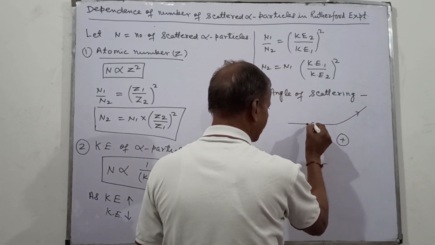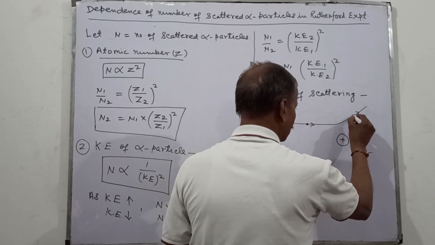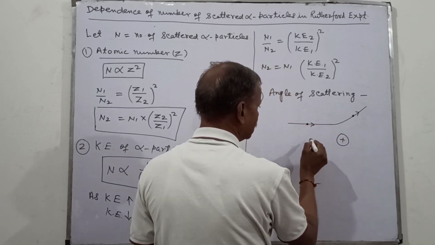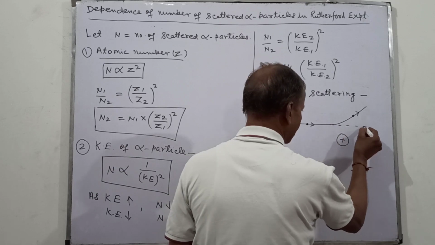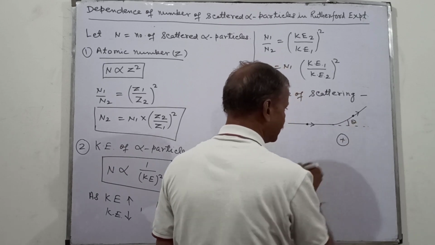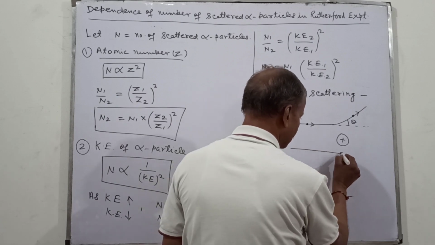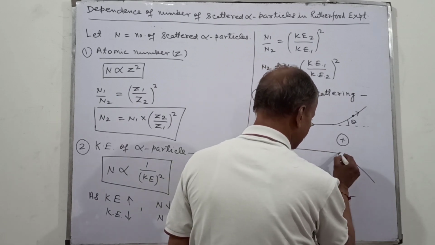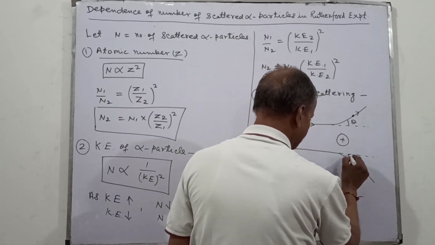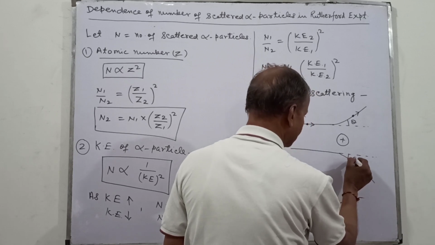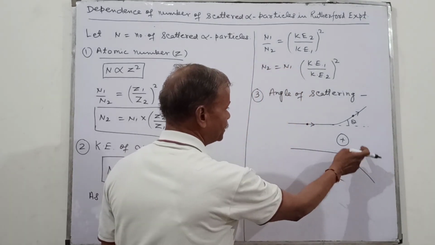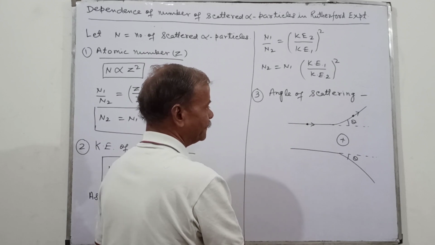This alpha particle is being scattered at angle theta. This is the angle of scattering theta. Similarly, if we have another alpha particle here, it will be scattered in this way, at this angle theta. So this theta is the angle of scattering.